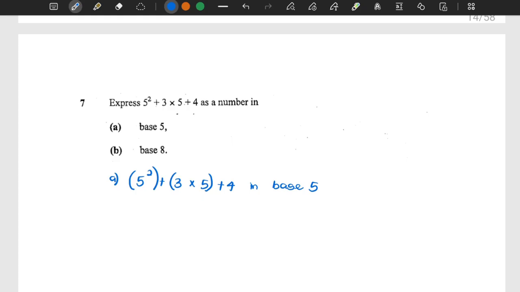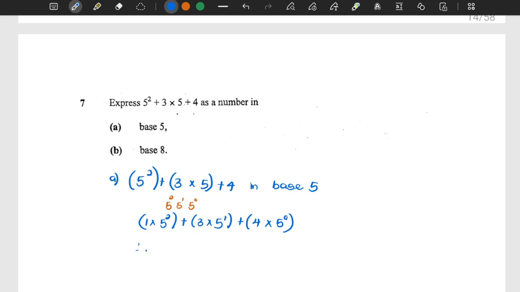So again, if we're going to do bases, we're going to start with 5 to the power 0, 5 to the power 1, 5 to the power 2, right? And in this case, 5 to the power 2 is being multiplied by 1. So it's going to be 5 to the power 2 plus 3 times 5 to the power 1 plus 5 to the power 0 is multiplied by 4, because 5 to the power 0 is going to be just 1.